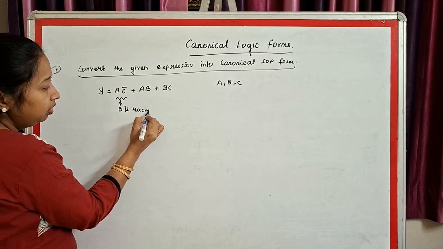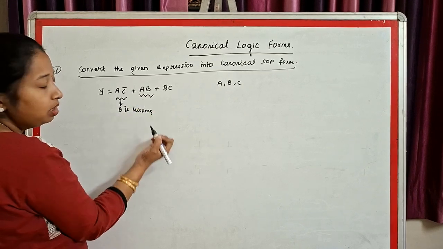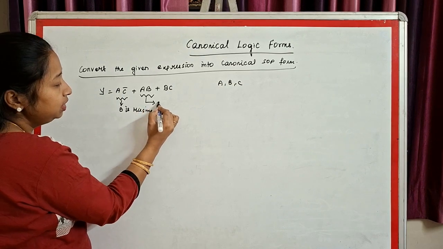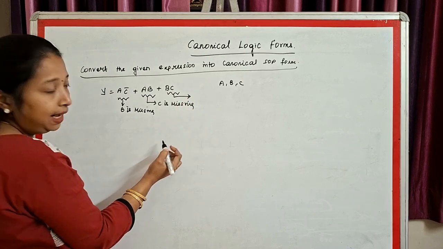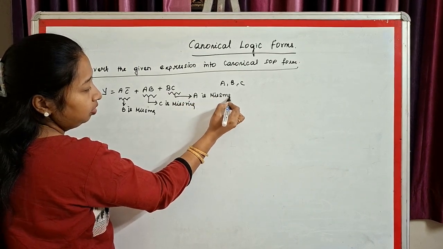Right? In the second minterm, which variable is missing? Here, C is missing. And in the last term, which variable is missing? A is missing. Okay?